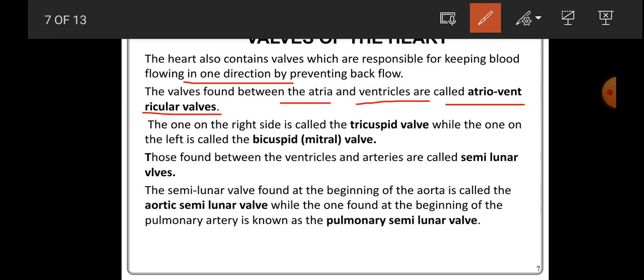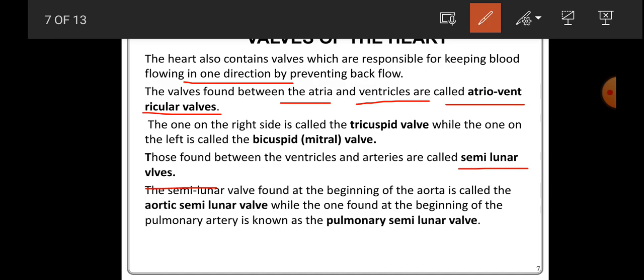We are going to look at these valves on a diagram in our next lecture slides. It is also important to note that those valves found between the ventricles and the arteries are called semilunar valves.